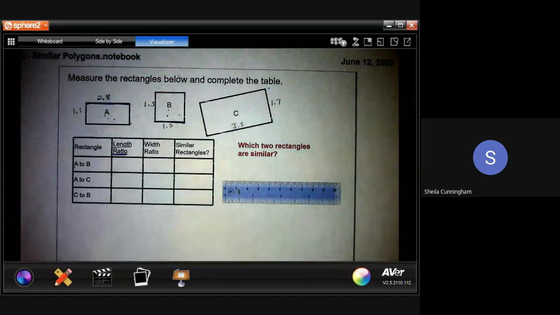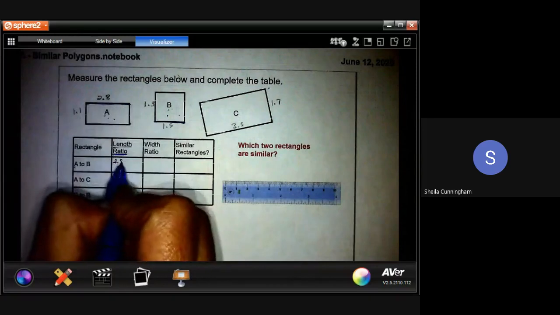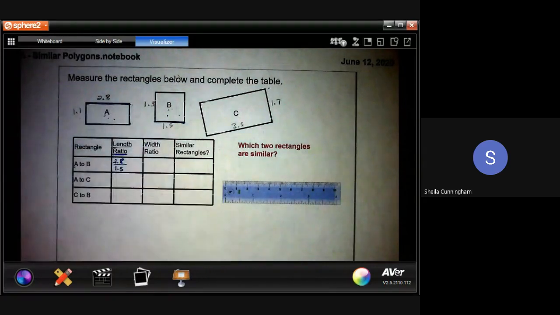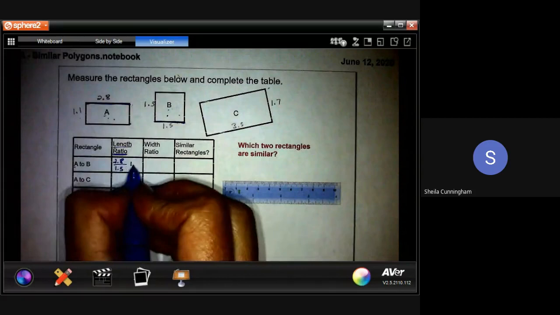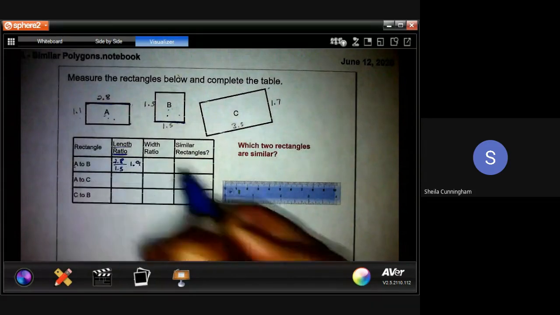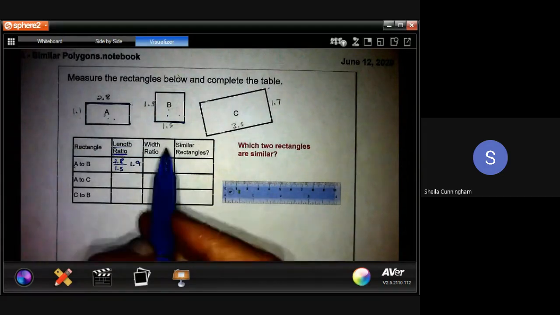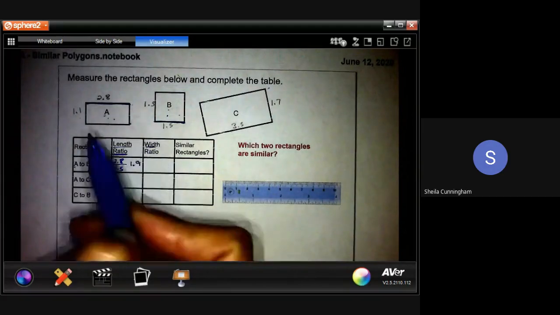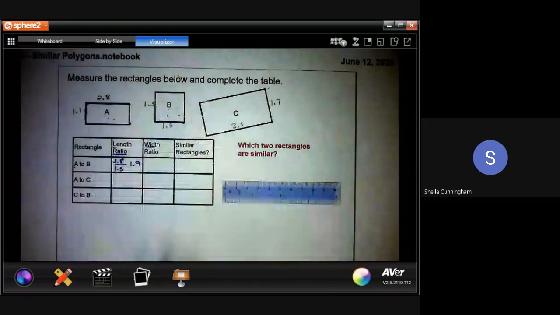Well, ratio means it's a fraction. So I'm essentially going, oh, the length of side A is 2.8 over the length of B, which is 1.5. Now, if I take 2.8 divided by 1.5, I get something like 1.9. It comes out to 1.86. So I round it. So I could do the same thing for the ratio between the width of both of these and see what I get.